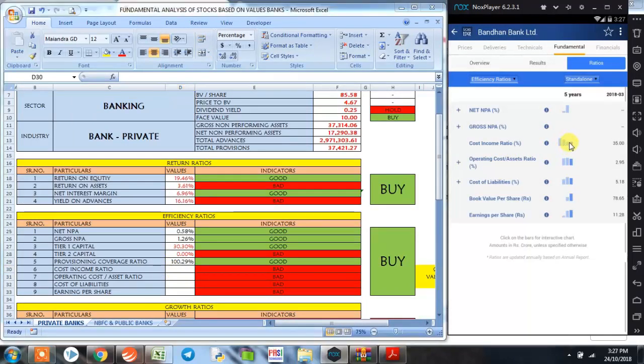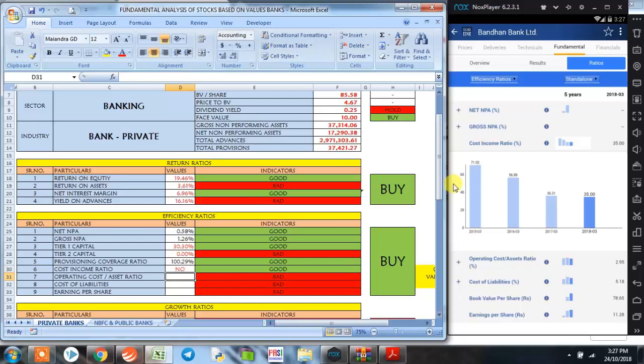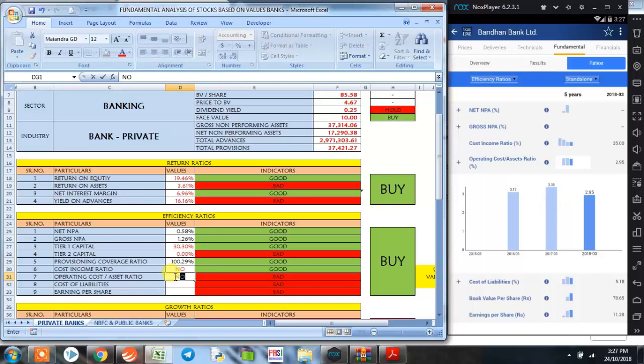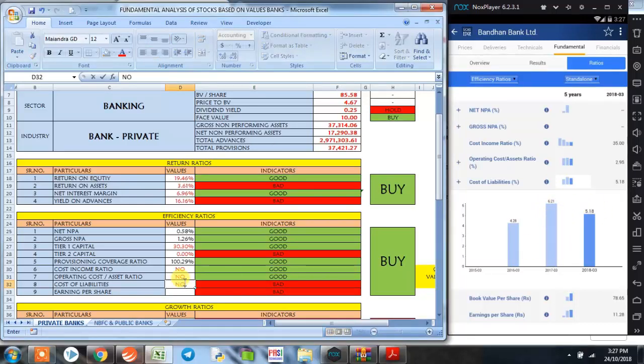If we click on the bar, we see that from 36.31 it has decreased to 35, so we put here no. Now operating cost to asset ratio, from 3.38 it has come down to 2.95, so it has decreased, then again a no. Cost of liabilities, it has decreased from 6.21 to 5.18, so again a no.